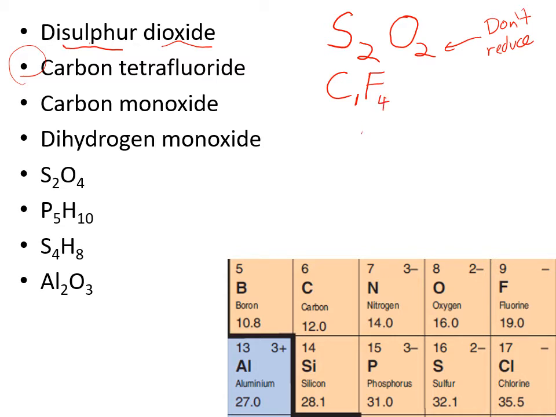Just like before, we don't bother writing the 1, so it's just going to become CF4. Again, for the next one, nothing in front, so it has 1 carbon. Monoxide means it has 1 oxygen. And that's the final answer.